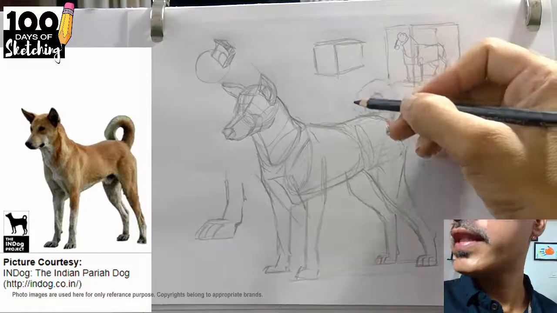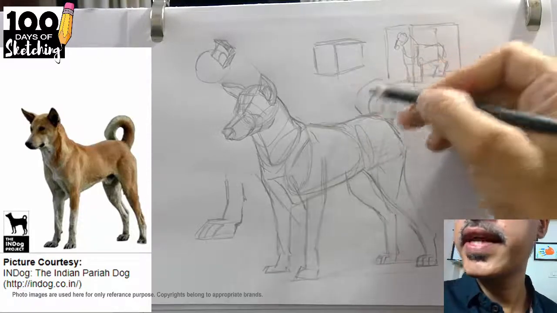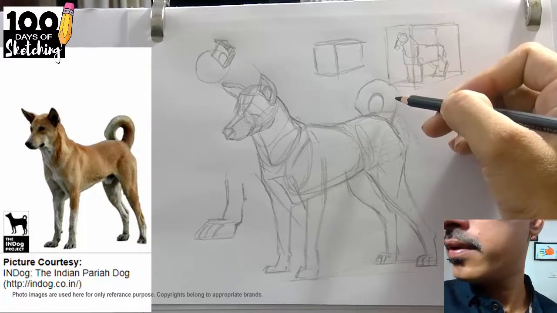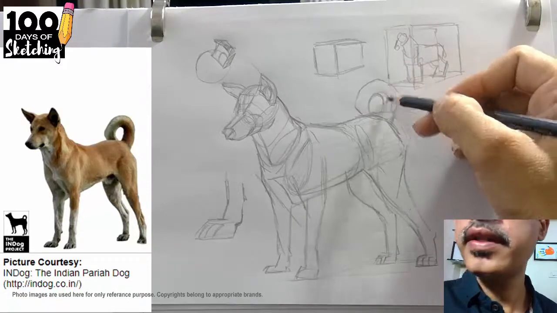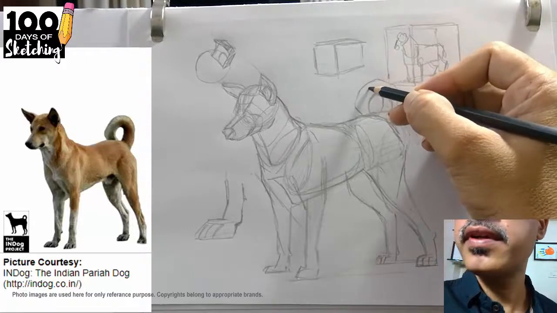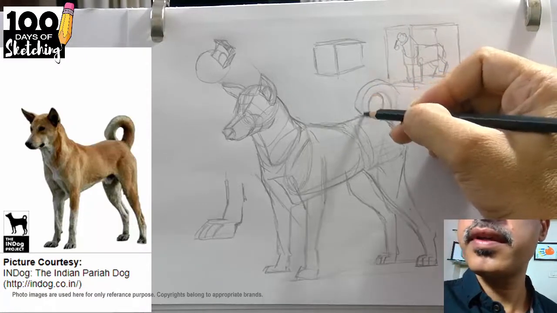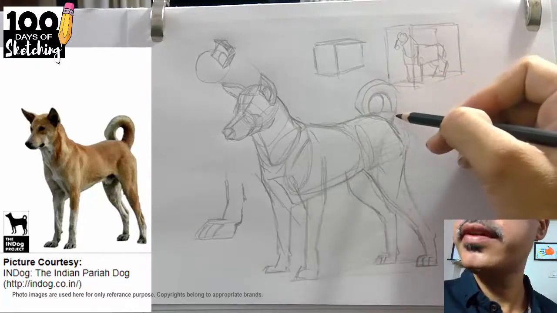You can see a slight turn here instead of an exact round. And in that also there is a dimension. The three-dimensional thing is here.